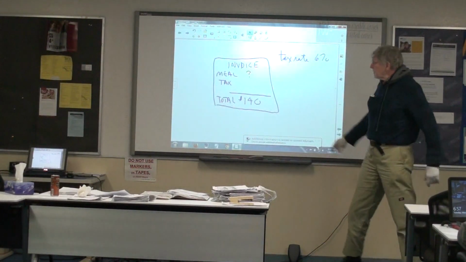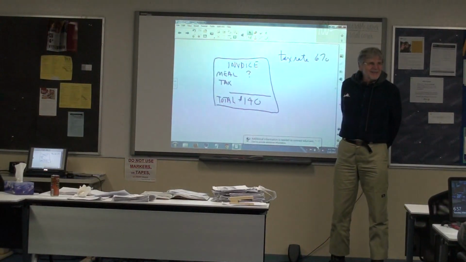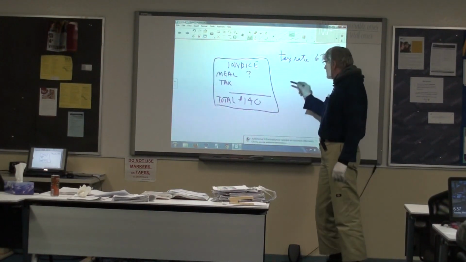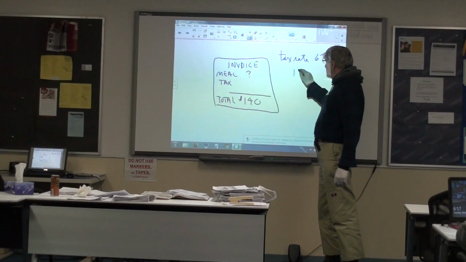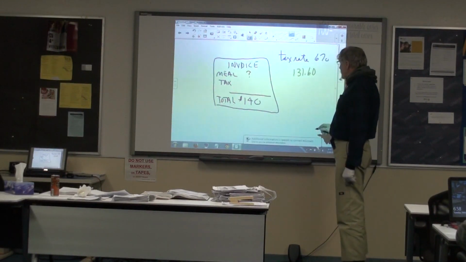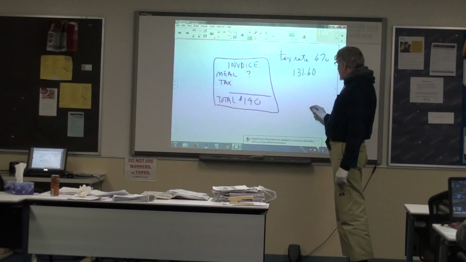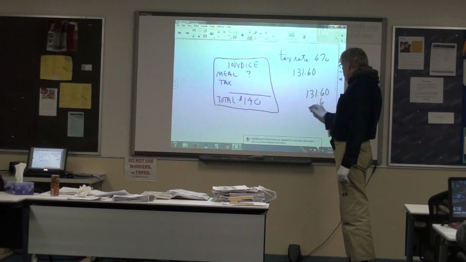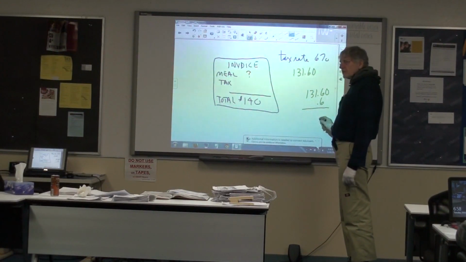Do you know how much the meal cost? No. Okay. Jeremiah, how much did the meal cost? $131.60. Well, let's see if that produces truth. Then let's find out what the tax is. 131.60 times 0.06. What does this produce? Somebody check.